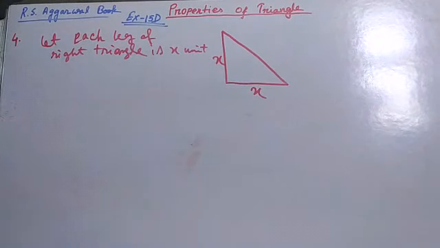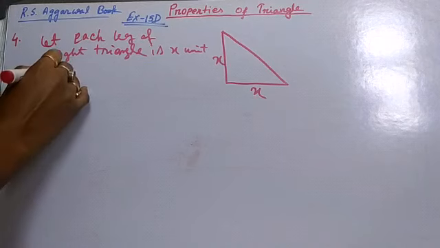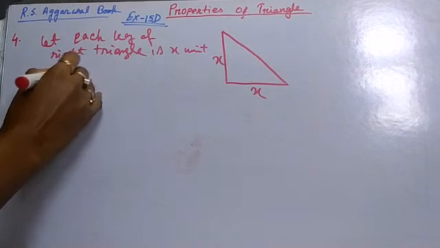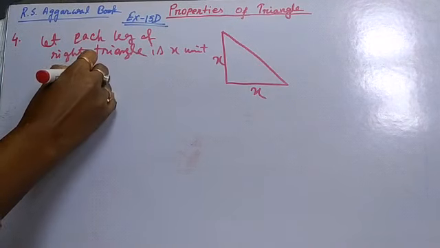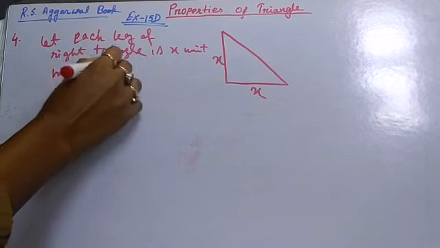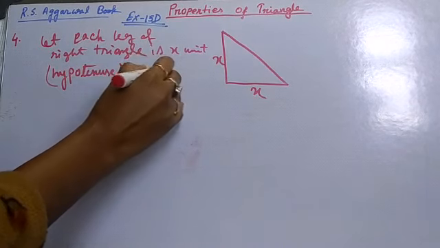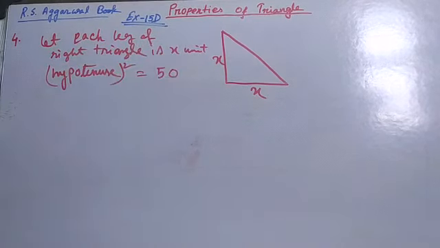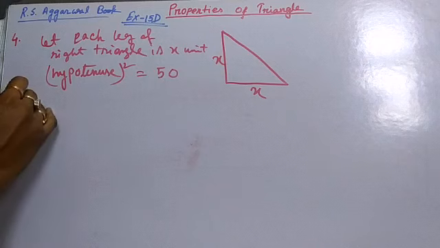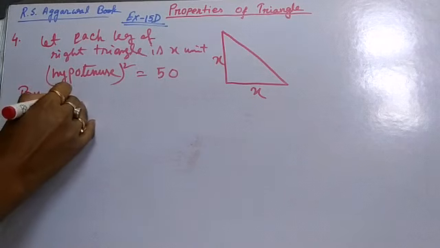And the square of its hypotenuse, that means hypotenuse squared, equal to 50. Then we have to find each leg by Pythagoras theorem.